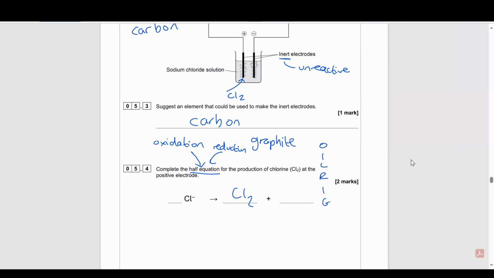Oxidation is loss and reduction is gain, but it's speaking in terms of electrons. So in the case of Cl-, this is our chloride ion, so that means it's got an extra electron. When it becomes chlorine, the chloride ion has lost an electron to become chlorine, and that is oxidation. So we need to show that this chlorine has lost electrons, and we do that by using an e- symbol there.